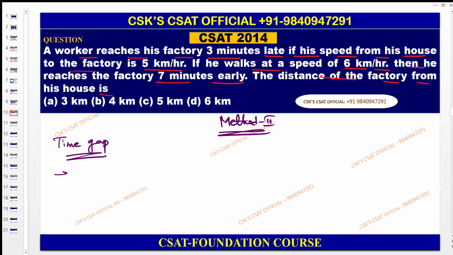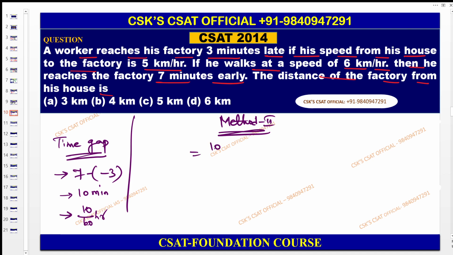Here the time gap is nothing but the early 7 minutes, the difference between them. So 7 minus of late, minus 3, so therefore 10 minute time gap. Convert that in terms of hours, 10 by 60 hour. So time gap here is 10 by 60.